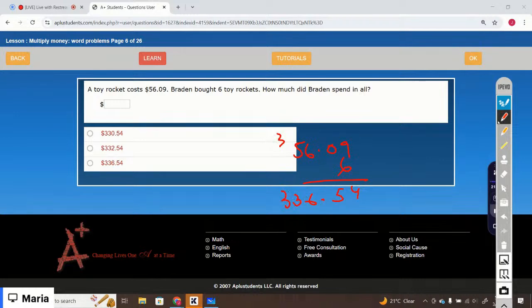That is 333.54. Option number 3 is the correct option.